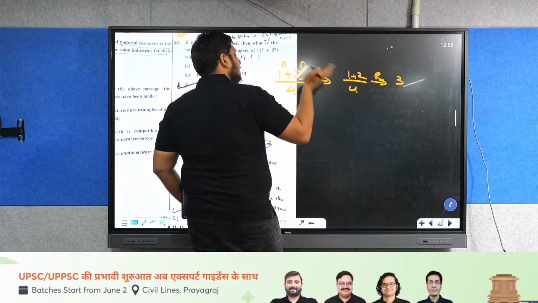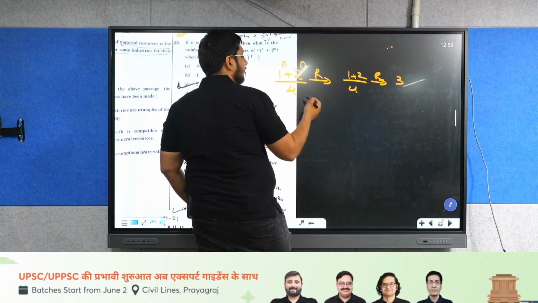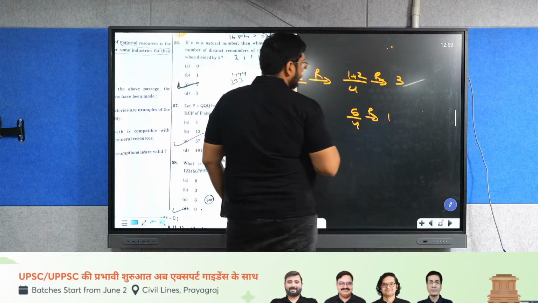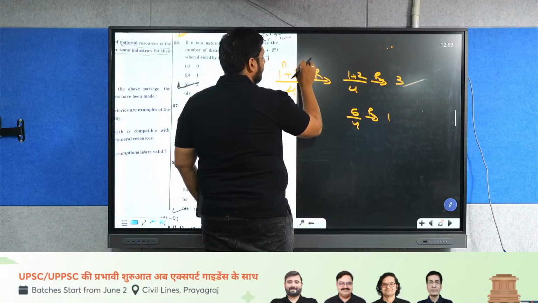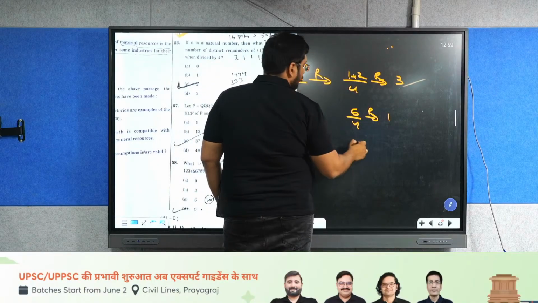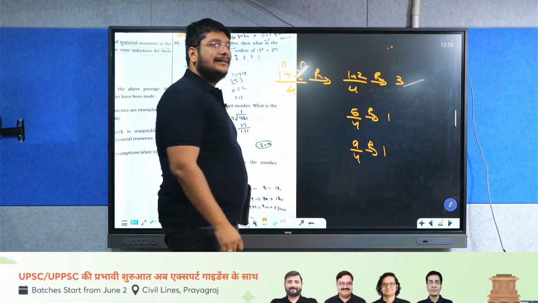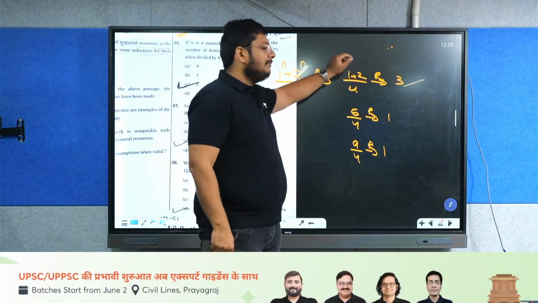Let me put the value as 2. So 1 square is 1, 2 square is 4, 4 plus 1, 5. 5 divided by 4, remainder 1. Let me put the value as 3. This would be 8 plus 1, 9, 9 divided by 4, again remainder 1. See, all the values of n greater than 1 will give me remainder as 1 only.